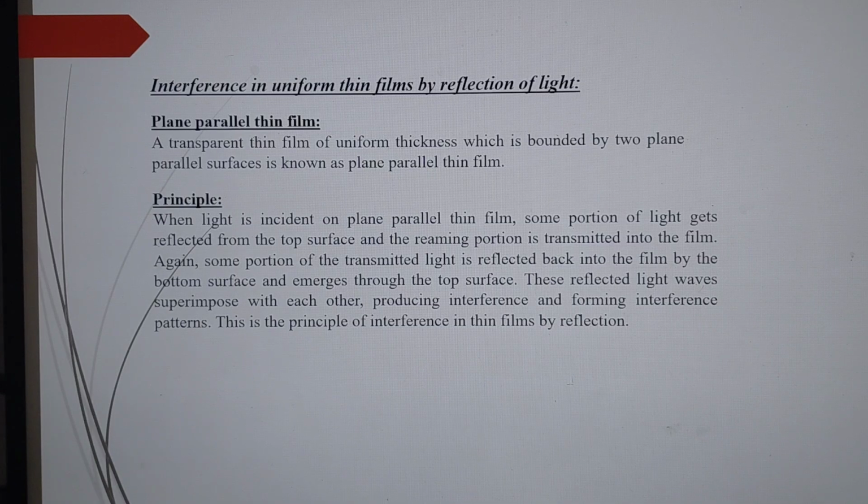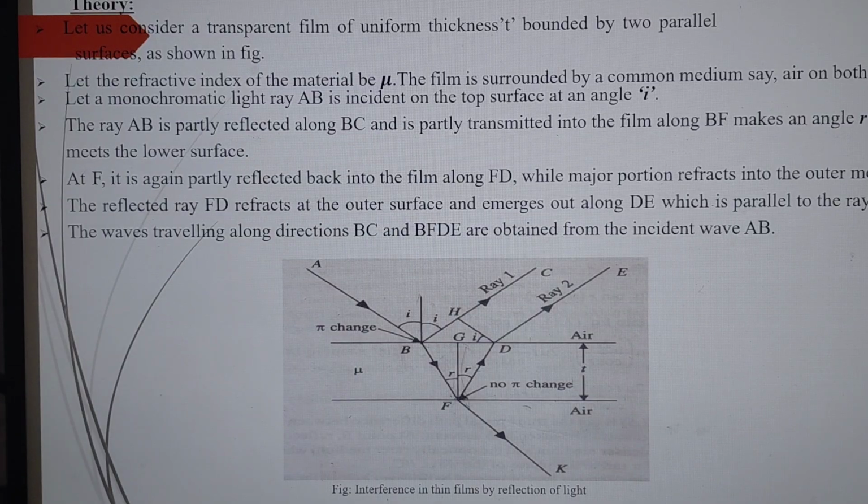That is known as the principle of interference in thin films by reflection. See, here is what we observed in principle: here it is the transparent glass surface, and here it is the source.